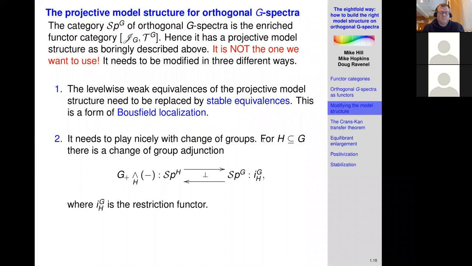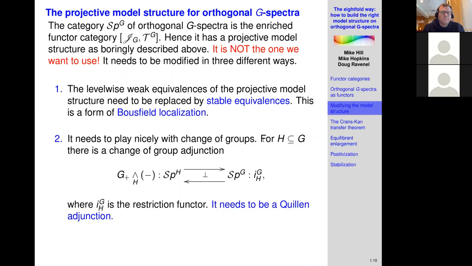And there's an induction functor going the other way, where if you have an H-spectrum, you smash it over H with G_+, and you will get a G-spectrum. And these functors are adjoint to each other. The left adjoint is the induction, the right adjoint is the restriction.